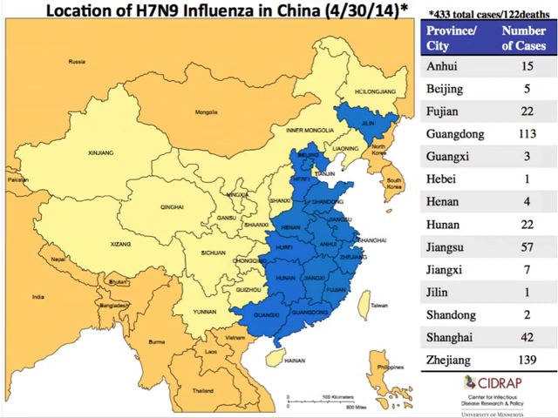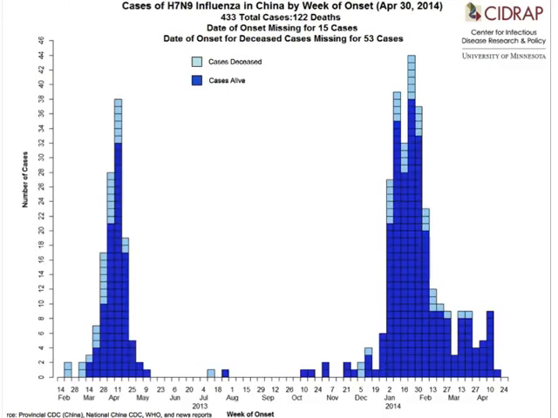Guangdong, which was the origin of the SARS epidemic, also has had quite a number of cases here as well. But it has not spread outside of China, and it has not transmitted from person to person. There have been 2 outbreaks of disease, one in 2013 and one in 2014, which is just dying off now. And these are the total cases in blue, and the light blue are fatalities.